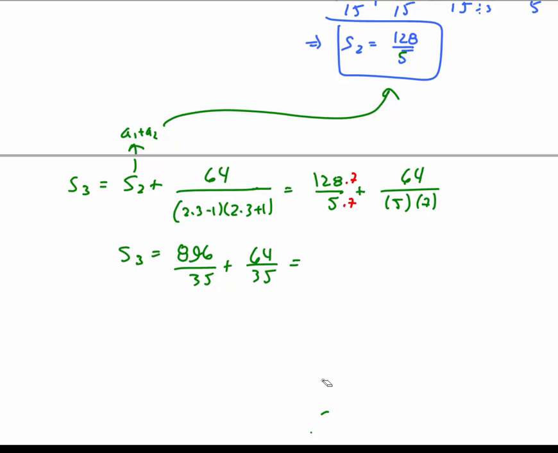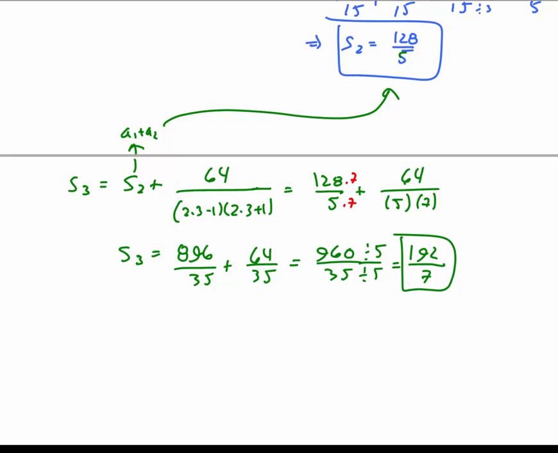That'll give us a nice number. So it looks like it'll give us 1,960 over 35. Now both of these are divisible by 5. We can see that because they end in zeros and 5s. So 960 divided by 5 would be 192. 35 divided by 5 is 7. So there's my s sub 3.